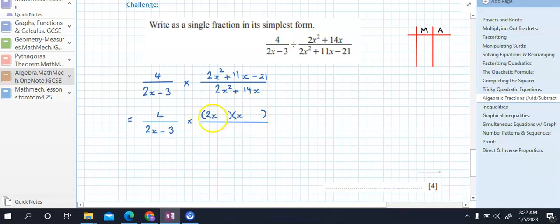So your FOIL method, first, inside, outside, last. I said that backwards, but anyway. Outside, inside. When we're doing this, you look at your last number. ax squared plus bx plus c. The c is minus 21. Let's put that down here in our sidebar. Multiplying, m for multiplying, what times what is minus 21?